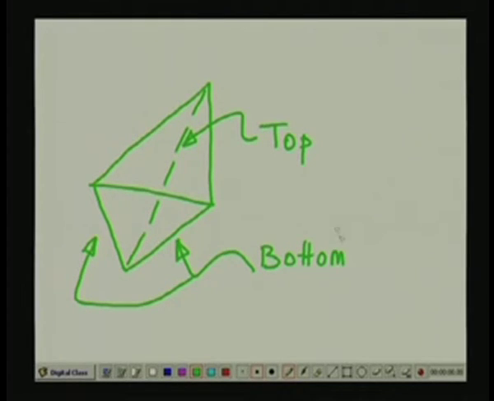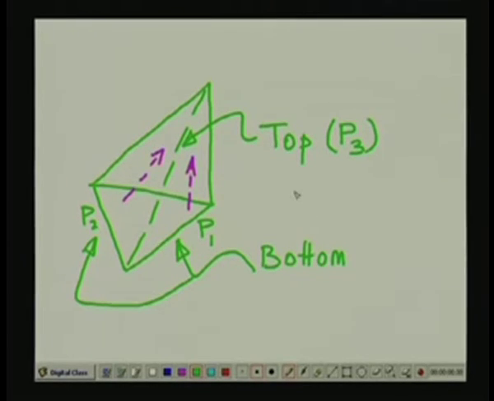So, if this particular wedge has to remain stable, then you have to consider the frictional resistance that is going to get mobilized on those three planes. So, this one here is plane 1, the bottom left plane is plane 2, and the plane at the top, let us call it plane 3.